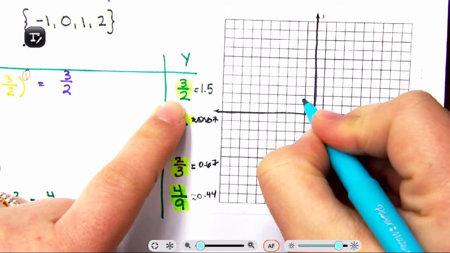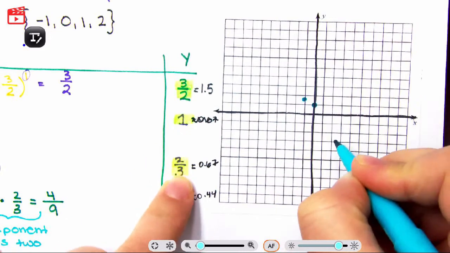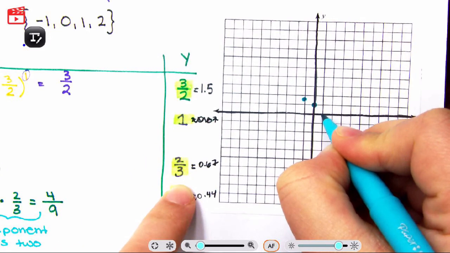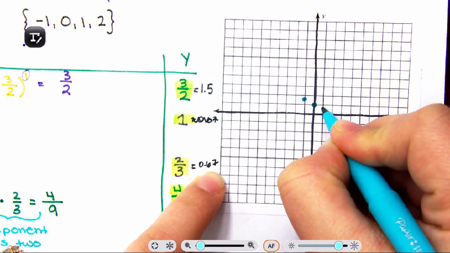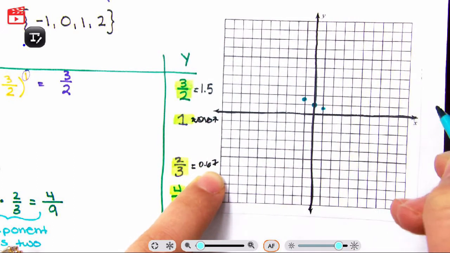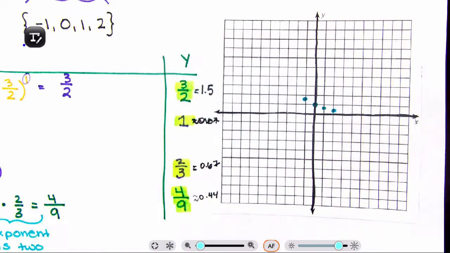So let's do this one. -1 and 1.5, so 1.5 is here. 0 and 1, which is here. 2/3, which is 0.67, is there. And then even smaller is here. Now we want to make sure we know what our asymptote is. Our asymptote is that number here.